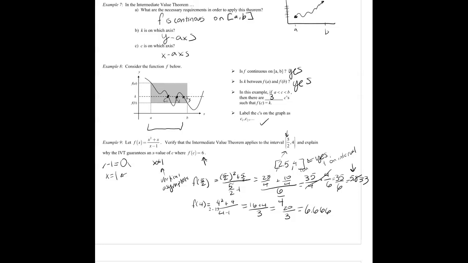So since my interval goes from 5.833 all the way to 6.666, should be on my y-axis though, sorry. Alright, 6 is going to be somewhere in here. So that guarantees that f of c is equal to 6 at some point.